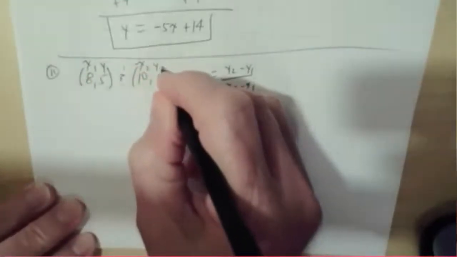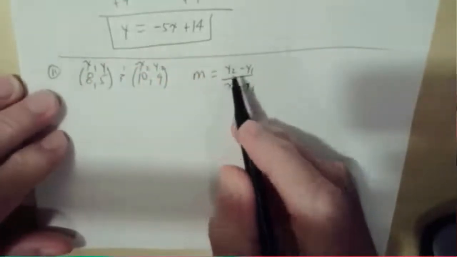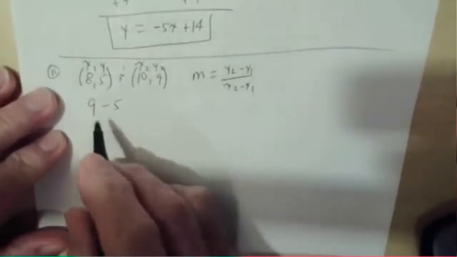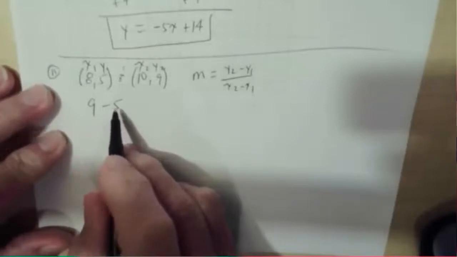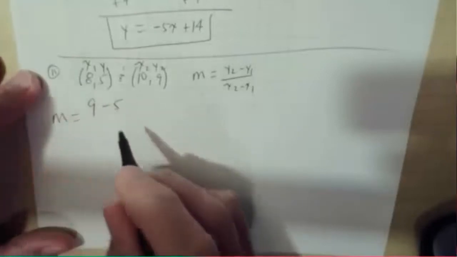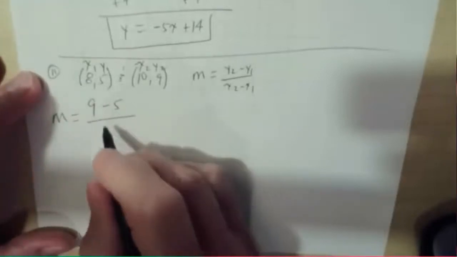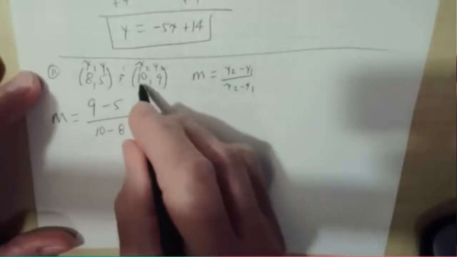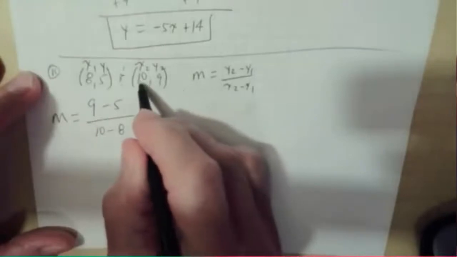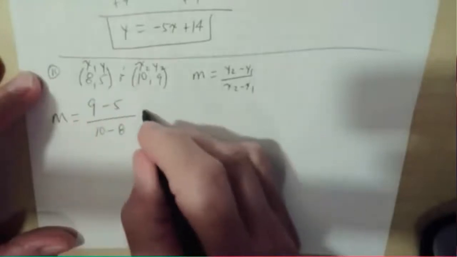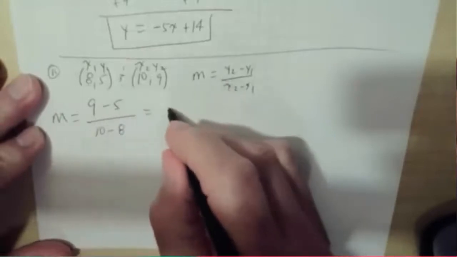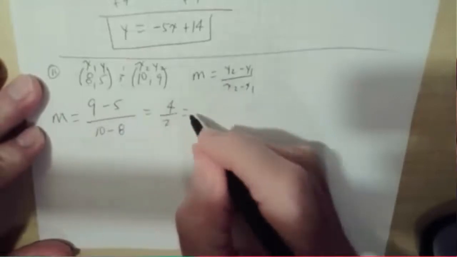So what's y2? 9 minus 5, y2, y1, over 10 minus 8, x2 and x1. So now it's just arithmetic. 9 minus 5 is 4 over 2. So our slope here is 2.